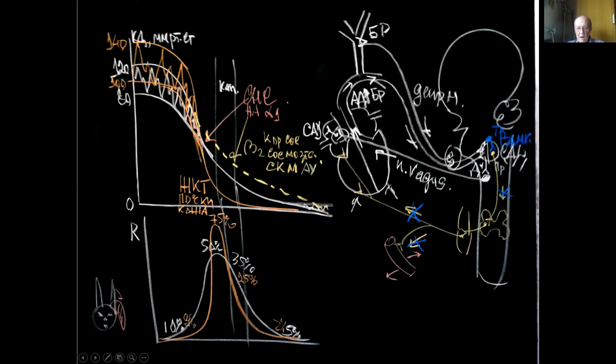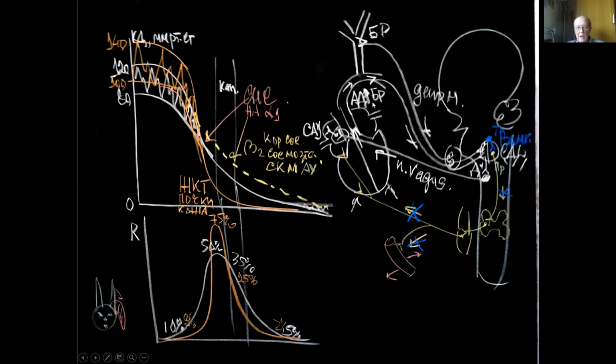And then it increases the work of the vagus nerve, more excitation, more action potentials conducted to the heart, and stops the tone of the sympathetic nervous system. You see, these are the blue crosses. The vessels are relaxed, the sympathetic nervous system doesn't affect, the heartbeat rate decreases, and the blood pressure decreases.